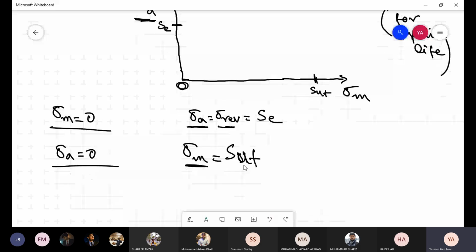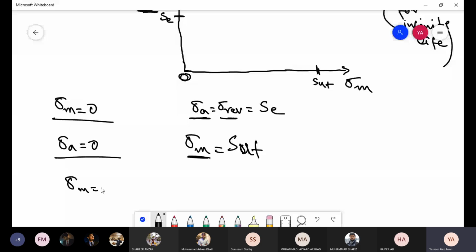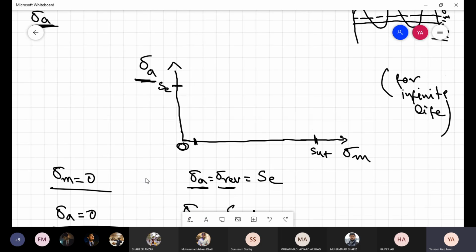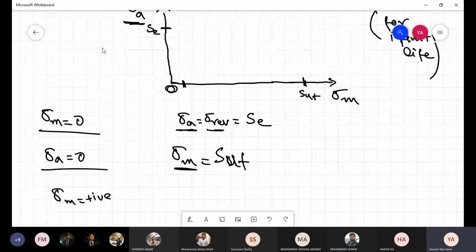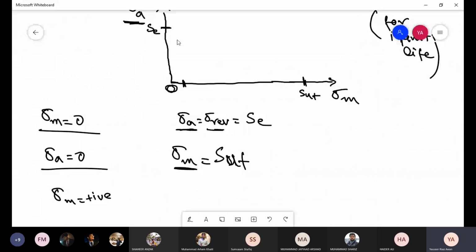Now for any sigma m as a positive value, so there is some positive mean stress present. We also previously discussed it in the SN curve. That means the life would be reduced. So we can expect the limit to be somewhat lower than SE.